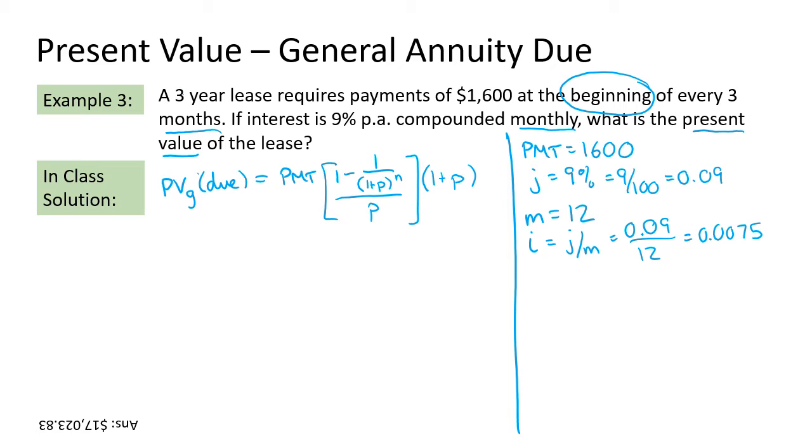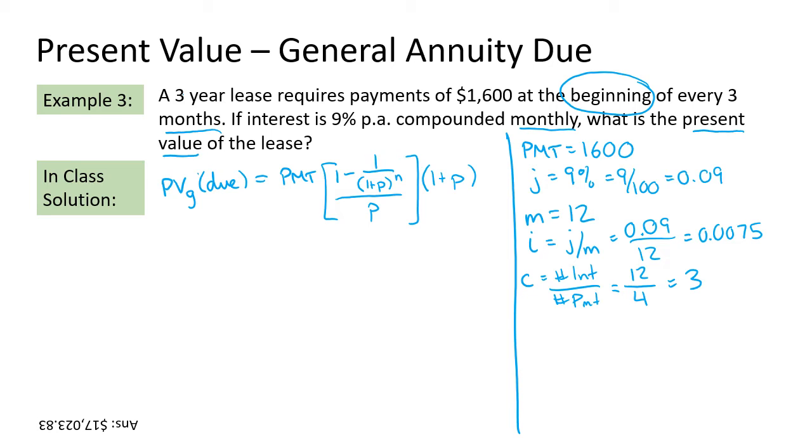Next, I'll look at our ratio C. That's the number of interest compounding periods divided by the number of payment periods. In this instance, interest is monthly, which is 12, and payment frequency is quarterly, so that's 4, which gives you a ratio of 3.